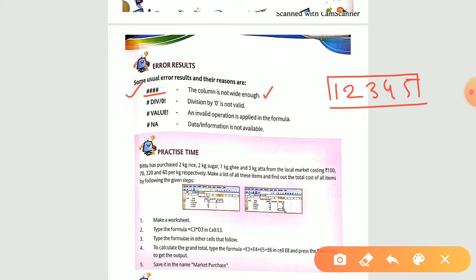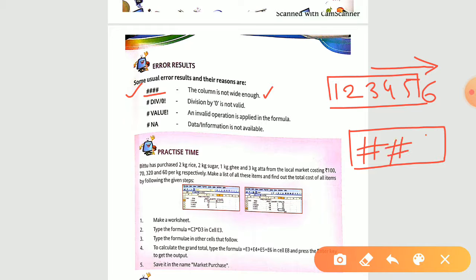But if you have written 6, then your number exceeds the cell limit. So in this case, this hash sign replaces the numbers in the cell. At that time you will be getting four hash signs when the column is not wide enough to hold the data.